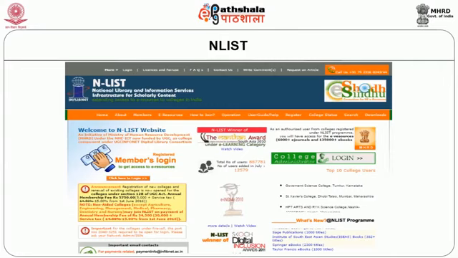It is funded by Department of Atomic Energy, Government of India. The consortium subscribes to 2,000 electronic journals from 4 publishers, including Science Direct, Springer Link, MathSciNet, etc. The consortium is administered by one of the DAE institutions by rotation.